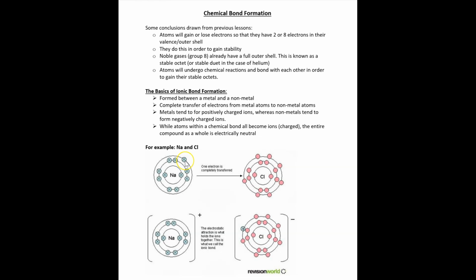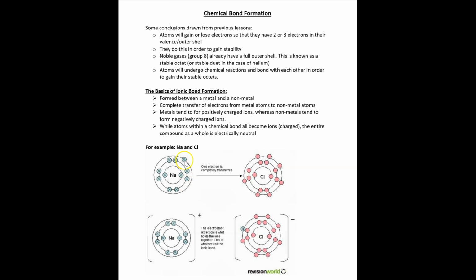Sodium has one lone electron in its valence shell, whereas chlorine has 7 electrons in the valence shell, making it very reactive. It needs one more electron to make it stable and happy, and sodium needs to get rid of that electron to make it very stable and happy.